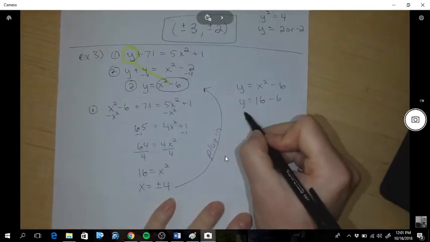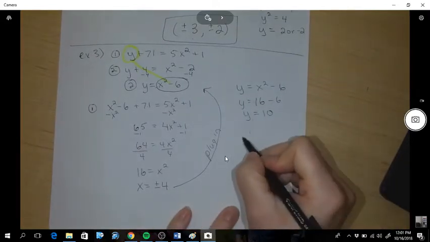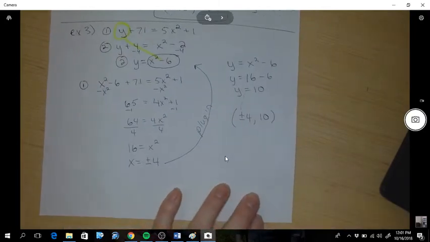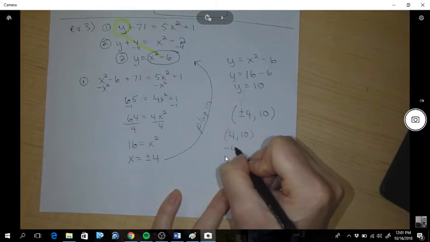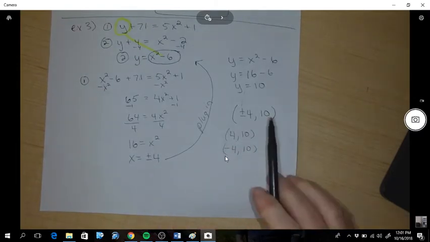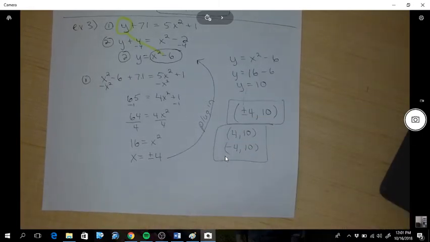And then I get y equals 10. So you can write this as that, or you could say your two intersection points are (4, 10) or (-4, 10). Those are your two solutions. So I accept if you want to write it like this, or if you want to write it as two separate solutions, that's okay as well.